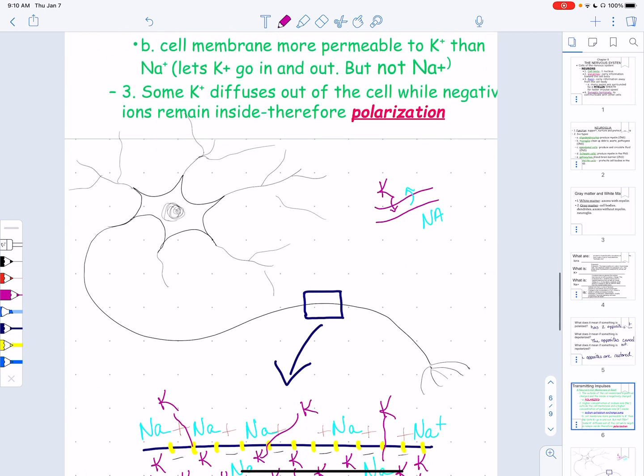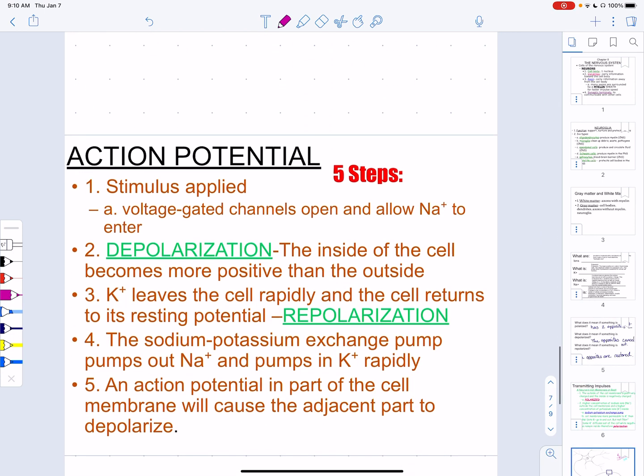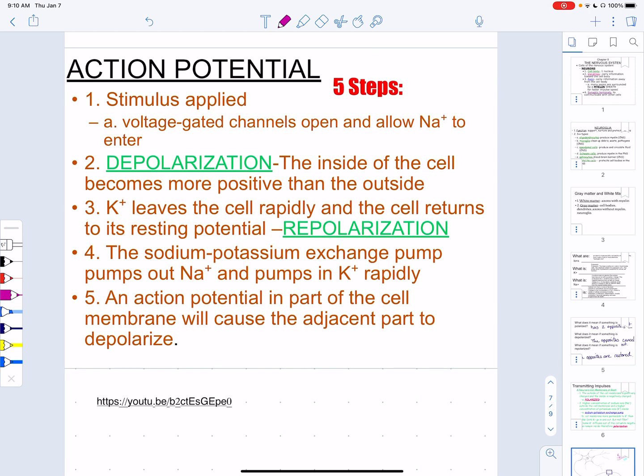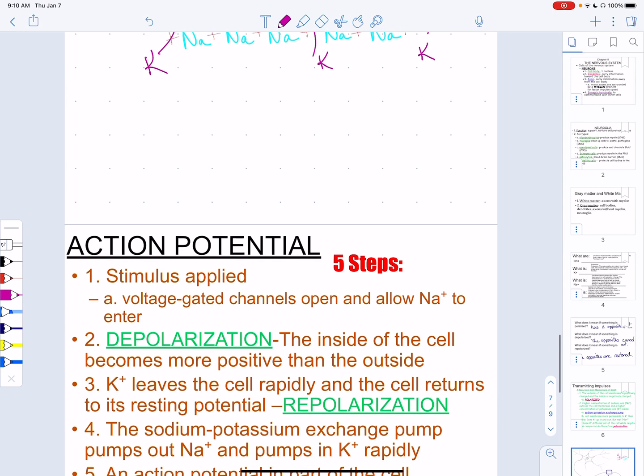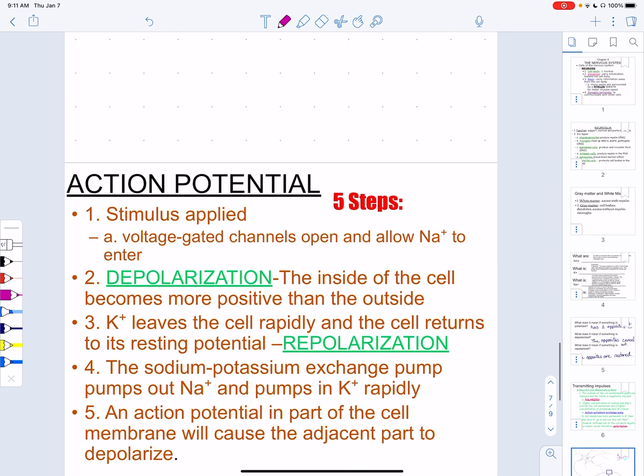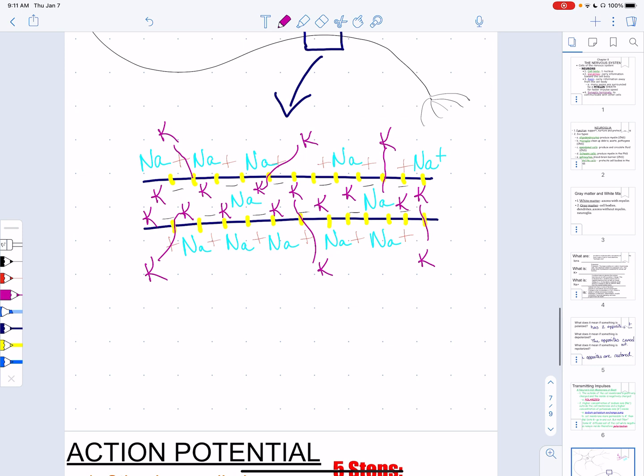Now, something's going to happen. What's going to happen? We're going to have an action potential come through. All right. And when that action potential comes through, we are going to have voltage gated channels open. Those little yellow dashes that I drew are going to open, and that's going to allow the sodium to rush in. And when the sodium rushes in, the inside of the membrane is going to become positive because there will be more positive ions at that point, and that negative environment will turn positive.